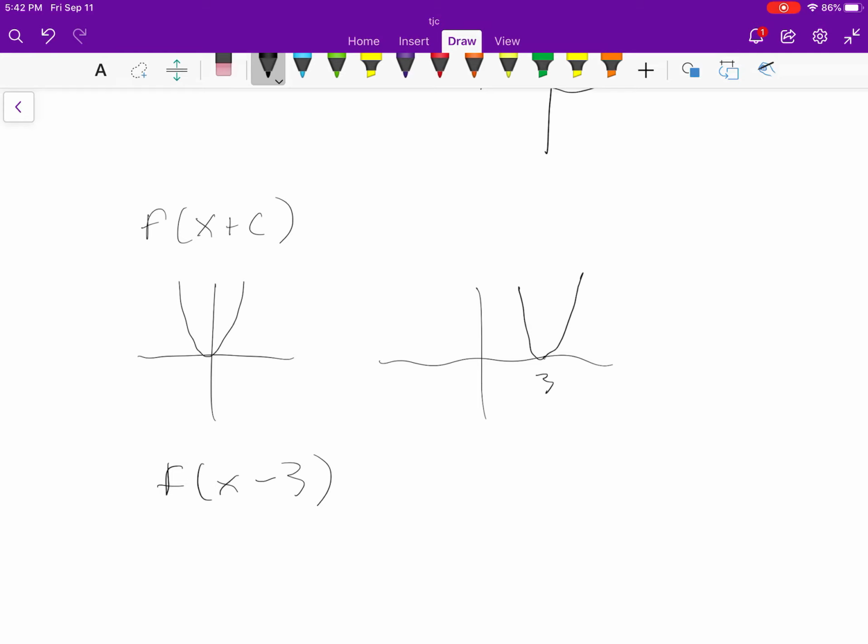I know it's to the right 3 units, and it's going to be the opposite sign, though. That's the one thing you have to look out for: this is a negative sign and this is a plus, and that's as expected.